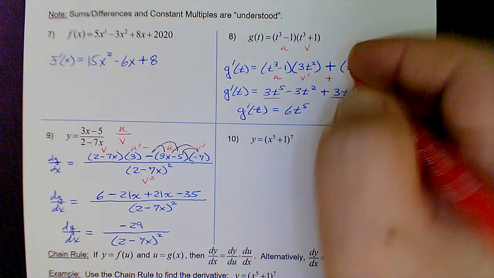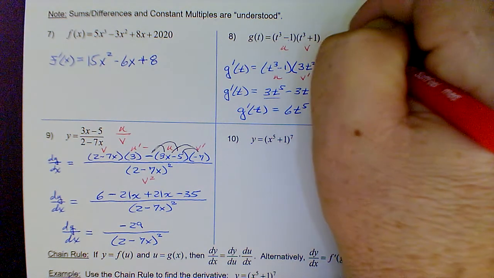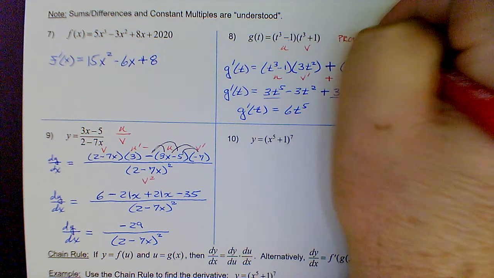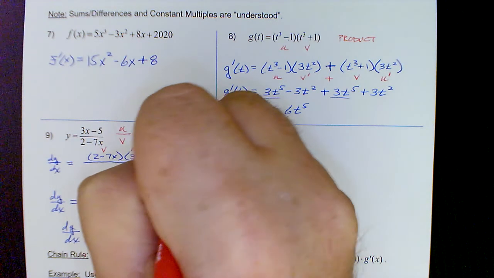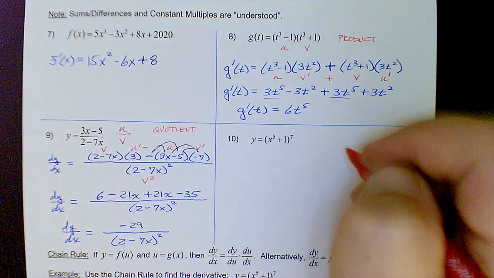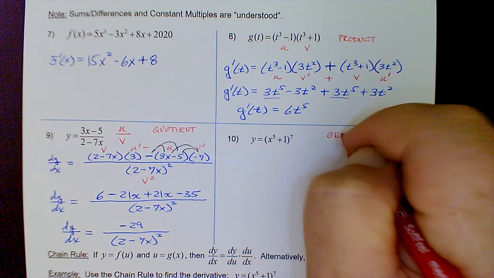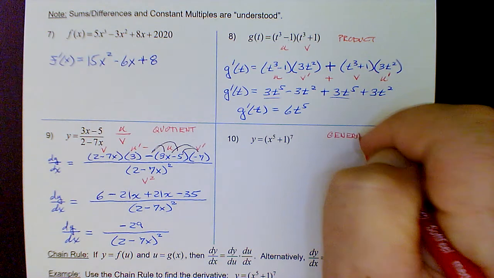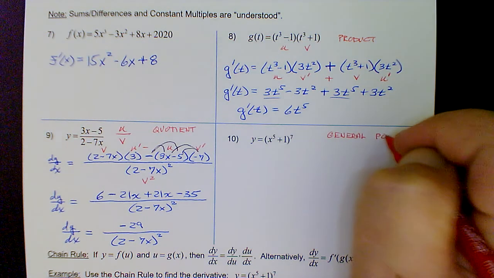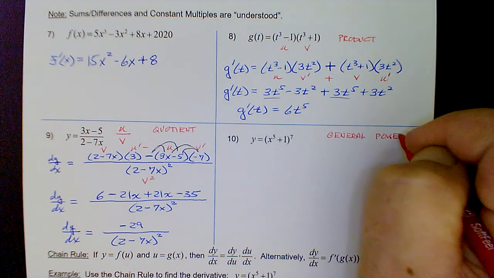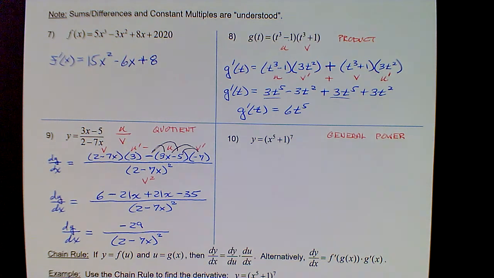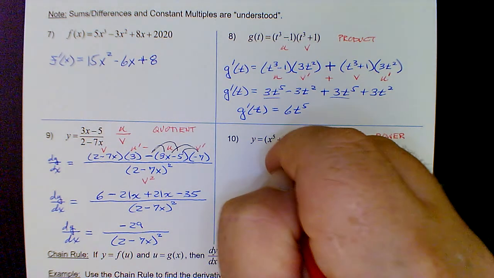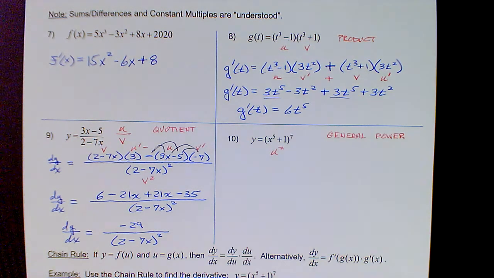If you want to go back, you can make sure you say this is a product. This was quotient. And this is going to be general power. If you want to call it chain, it's not wrong, but that subtle detail will come out through discussion momentarily. But it's fitting the form of u to the n, where you have some function of x raised to a power.